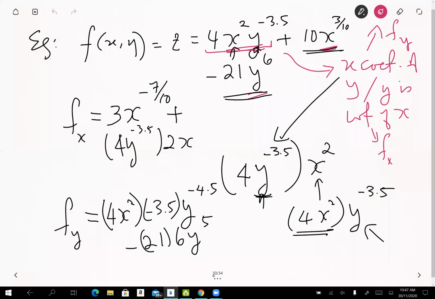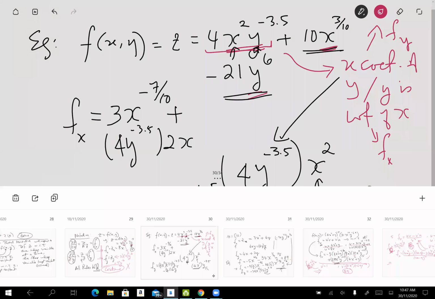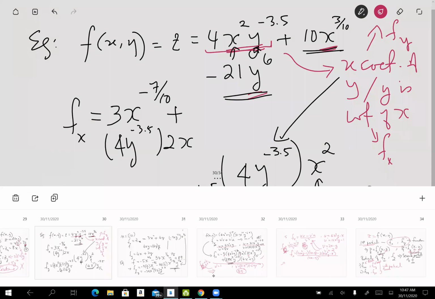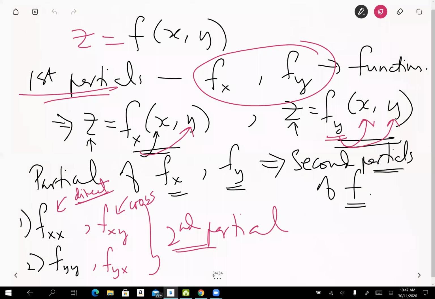So after we do the simpler one, then we come back to the second one. So I give you a simpler question. Do question number 1 on 14.1.